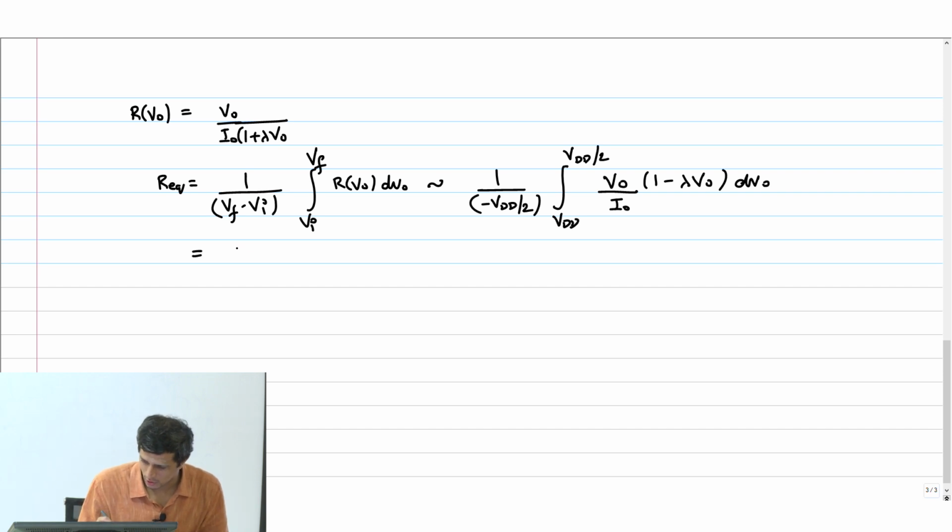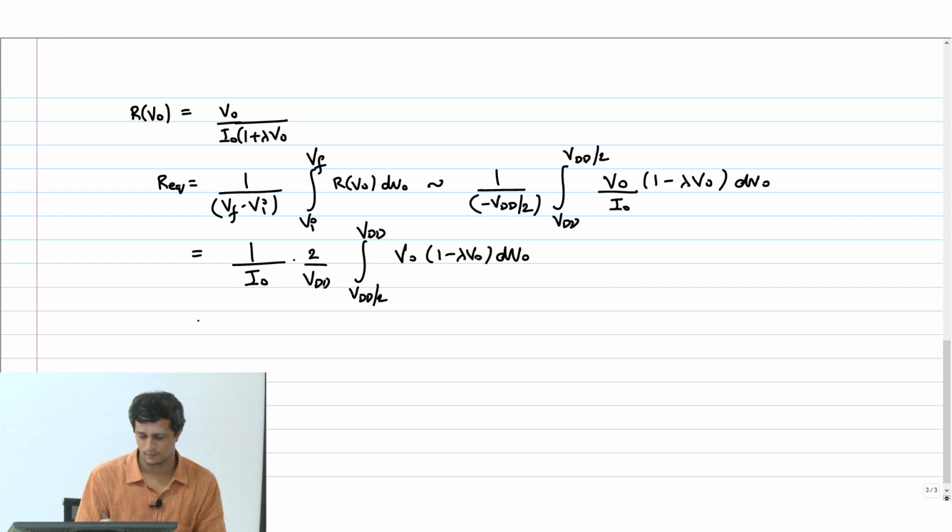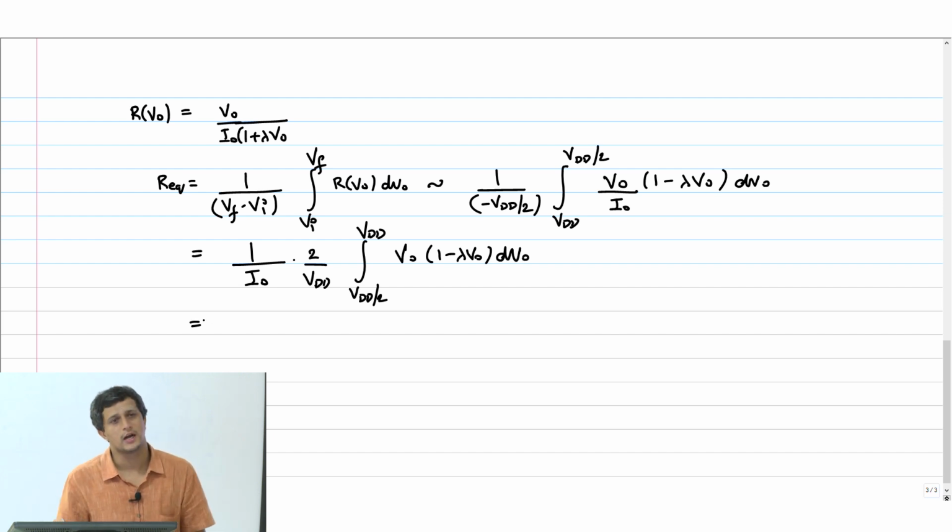Of course, now I naught is a constant, so I will just write it outside, into 2 by VDD, into V naught into 1 minus lambda V naught dV naught, right?